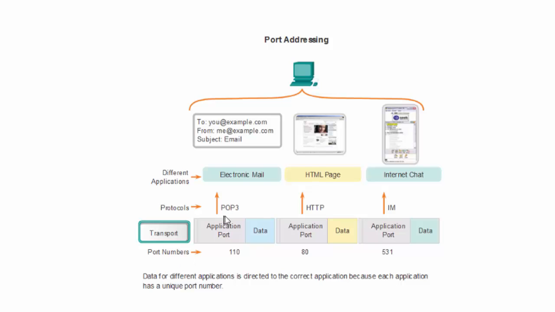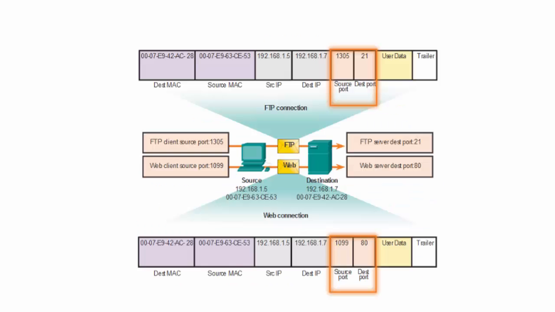Worth noting here is that the sending application also has to put the source port as part of this communication. So the source port is also important, and we'll talk about this. The source and destination ports together will indicate the connection, or the sending and the receiving application, from the transport layer point of view.